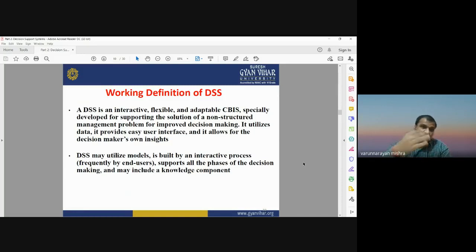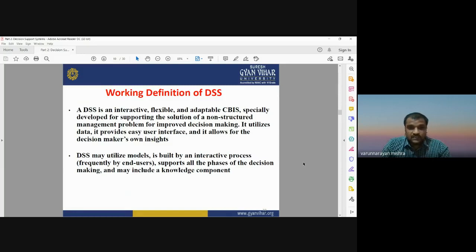So it's an interactive, flexible, computer based information system, especially designed and developed for supporting the solution of non-structured management problems, and it is used for improving decision making. It utilizes the data, it provides the user interface, and allows the decision makers to apply their own insights.